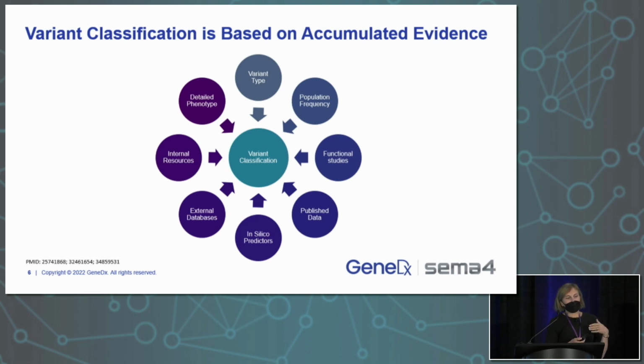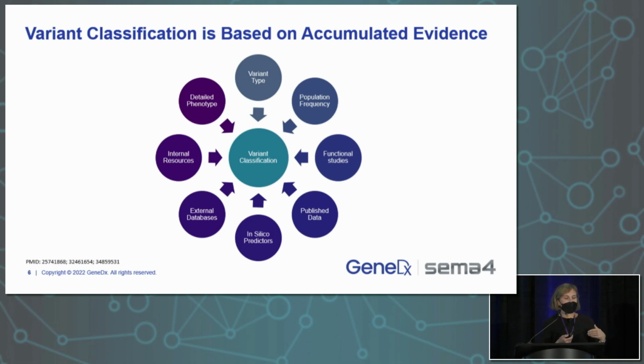So we may come across a variant that we have never seen before at GeneDx, but has been identified at a different clinical laboratory and is already in ClinGen with a classification and their evidence, and we can use that for our classification too. This is a way that we collaborate as clinical laboratories to share information to help get better classification information for patients.